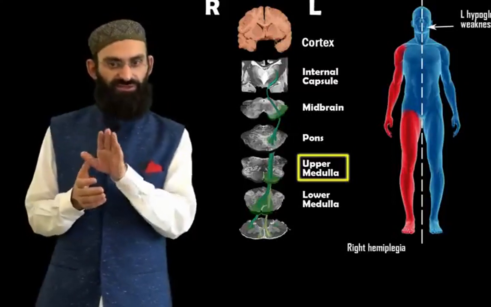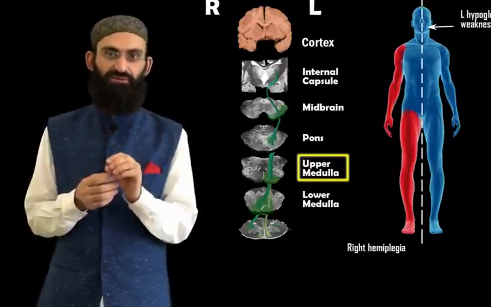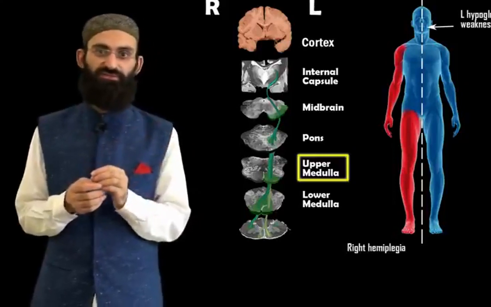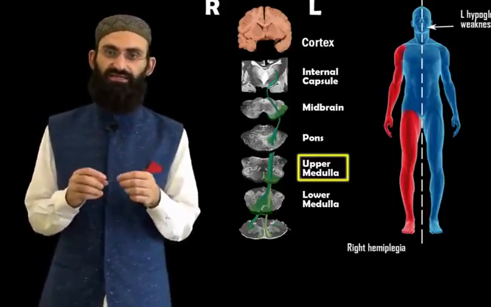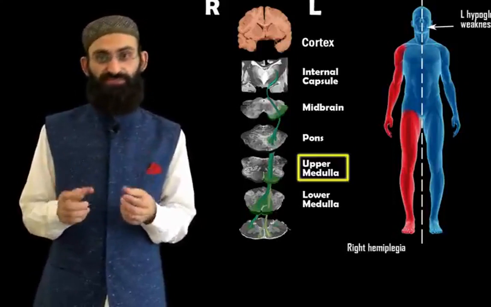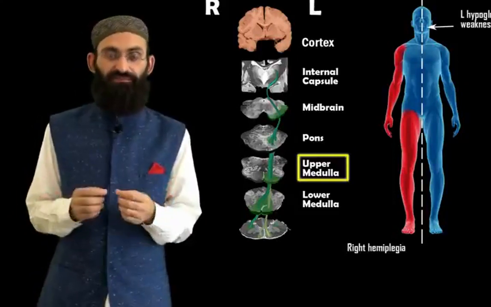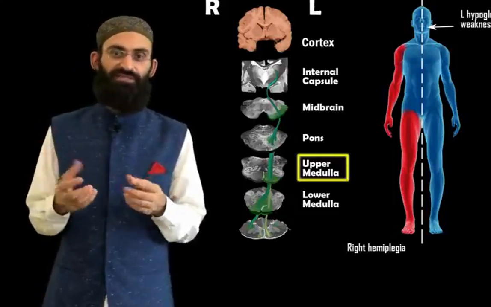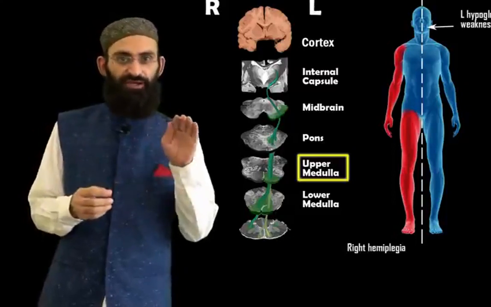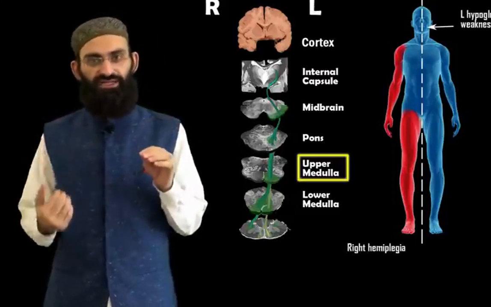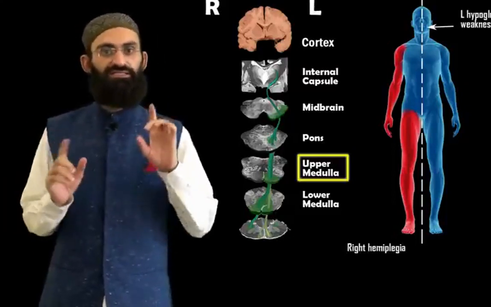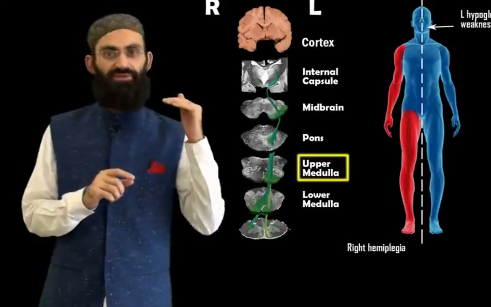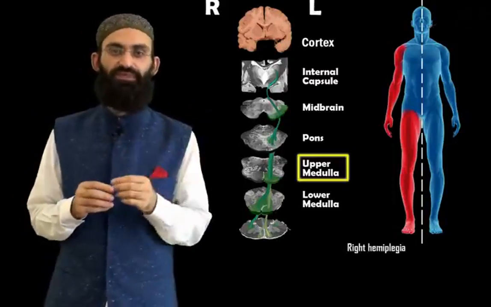And since deviation of tongue tells you about the side of the hypoglossal weakness, it is said that tongue never lies, which is perhaps the biggest lie. So if a person has left hypoglossal weakness and right-sided hemiplegia, this localizes lesion to the level of left medulla.